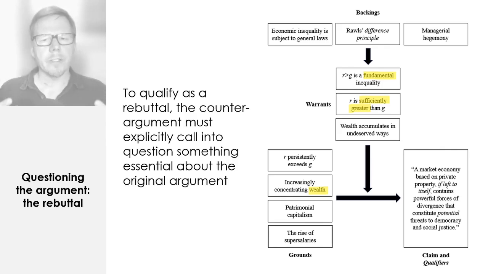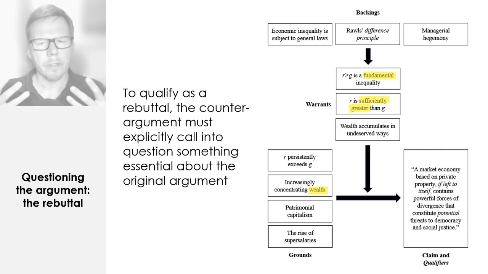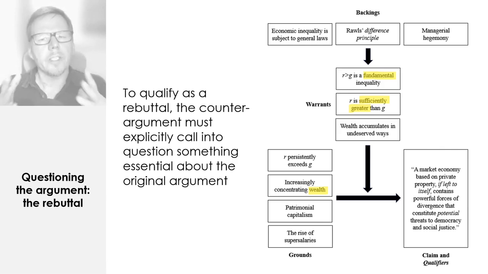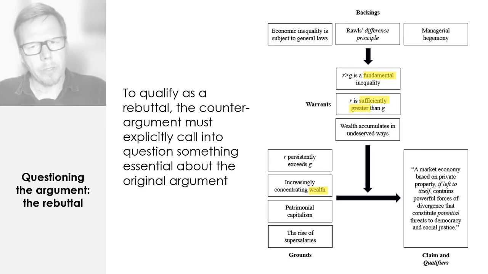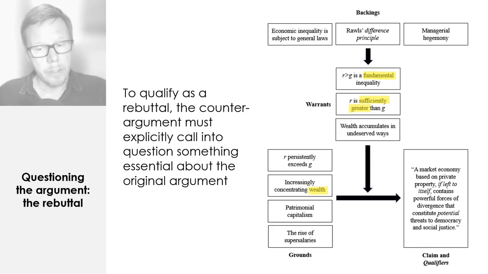As we're trying to understand rebuttals, the first thing we have to understand is what is the element at which the rebuttal is directed. It could be directed at the claim itself, its qualifiers. Indeed, Toulmin himself noted that often rebuttals are aimed at the qualifier.